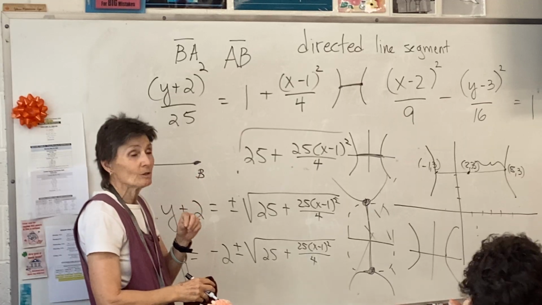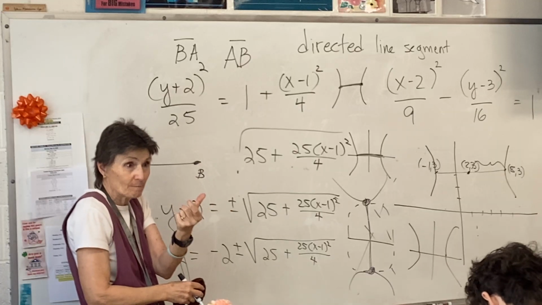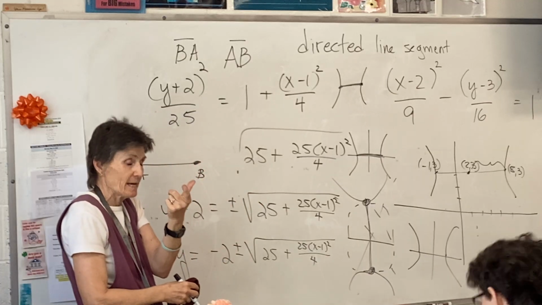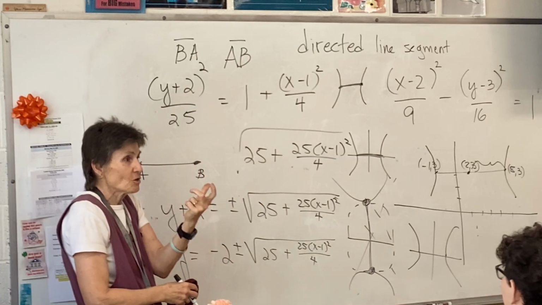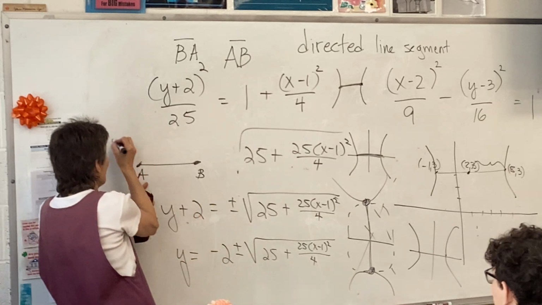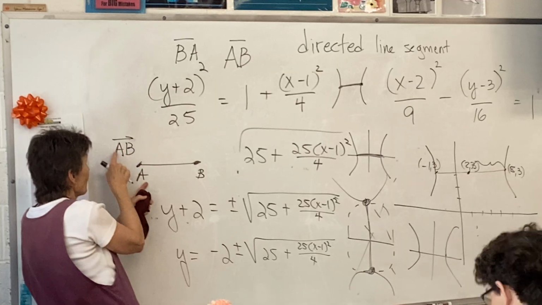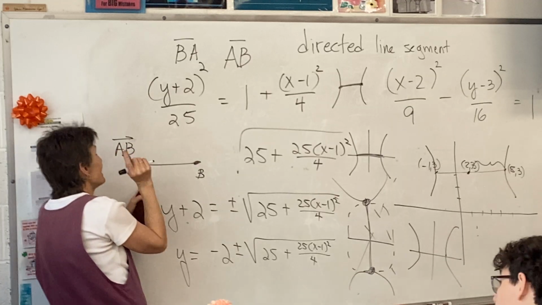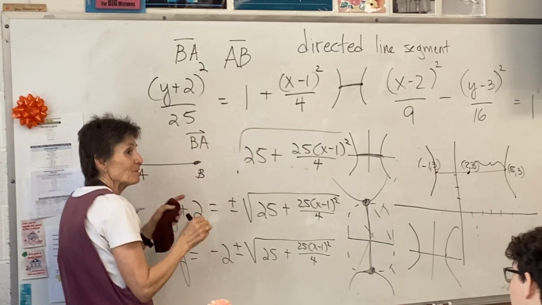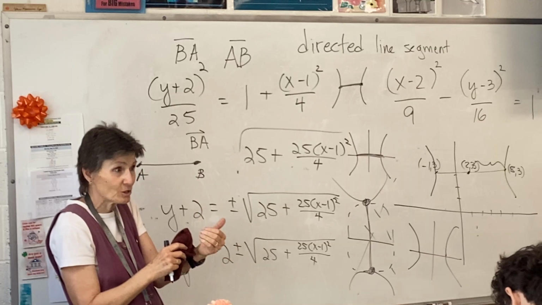With a vector, it is that thing. It's measurable. It has a length. We call it magnitude. It has a magnitude, a length, but it also has a direction. So the vector from A to B is different than the vector from B to A. Now, do they have the same length or magnitude?